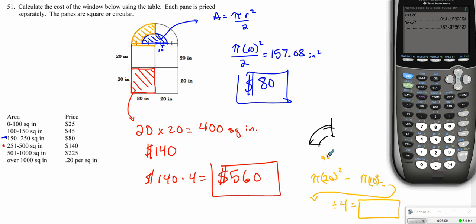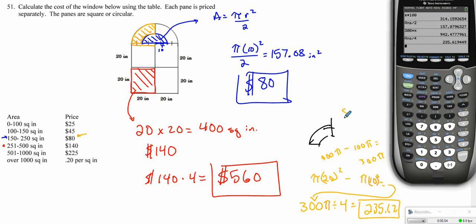So I could do 400 pi minus 100 pi, which is 300 pi. 300 pi divided by 4: 300 times pi divided by 4 is 235.62. That falls into this category, 80 bucks.